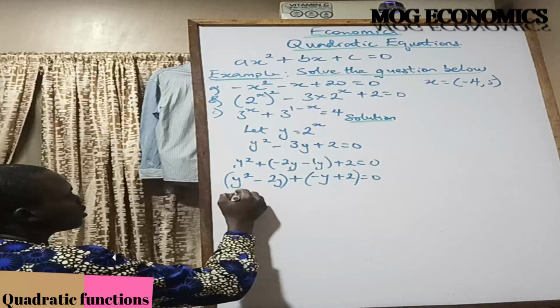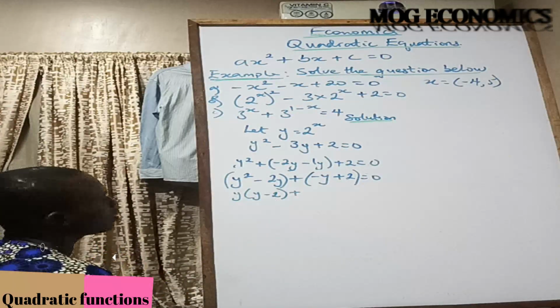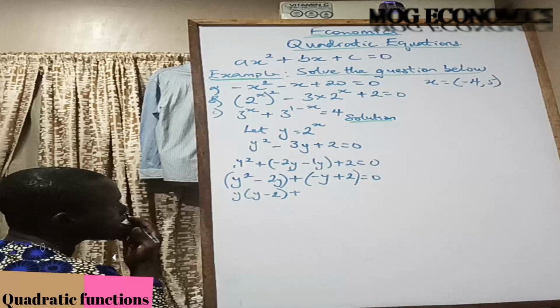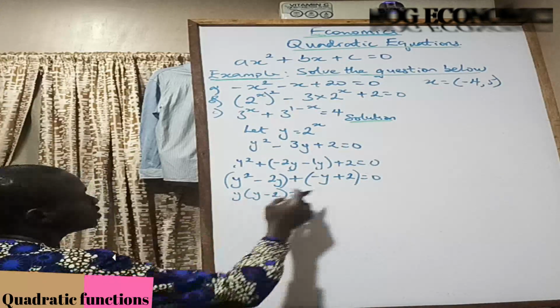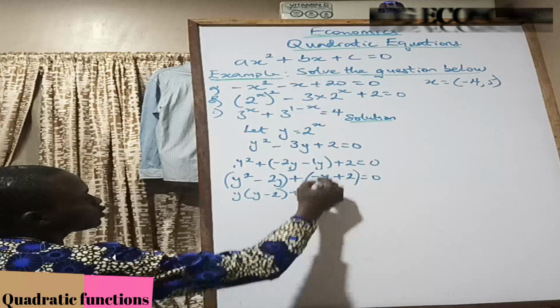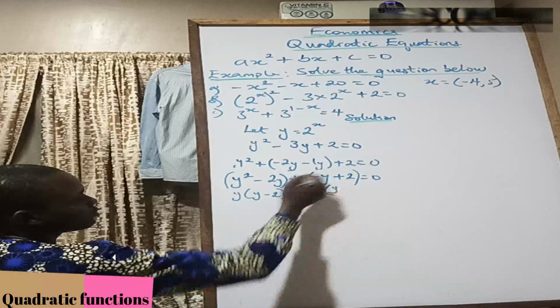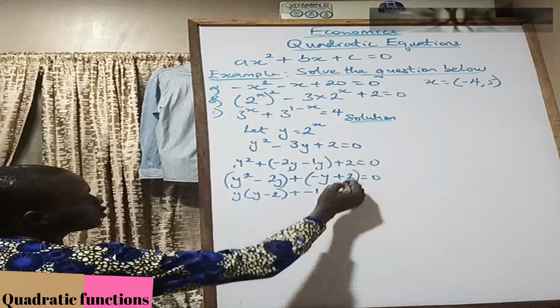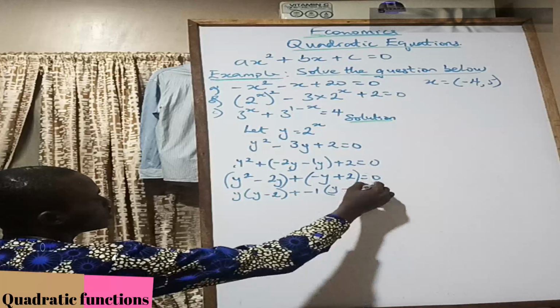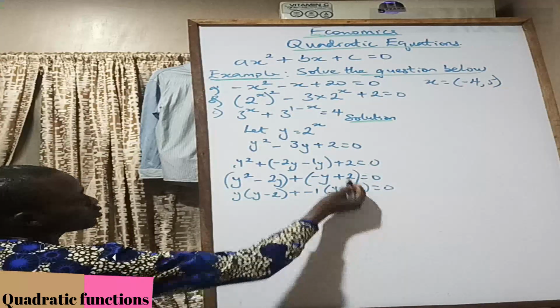Now y minus 2, then I bring out minus 1, so I'm left with minus 1 in minus y. Minus 1 times y gives me minus y. Minus 1 times minus 2 is plus 2.